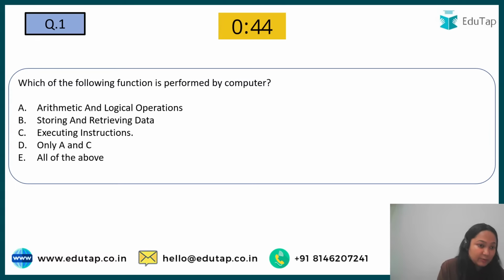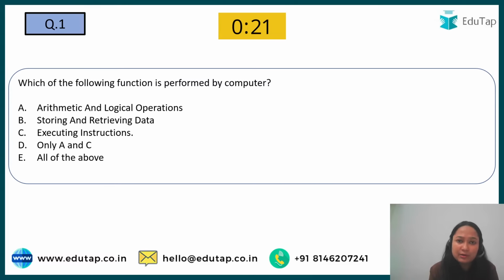That is absolutely fine. See, a computer is a programmable device, but to call some machine a computer, there are certain features, some functions that it has to perform. First, it should be able to perform arithmetic and logical operations. Arithmetic operations mean addition, subtraction, multiplication, division.